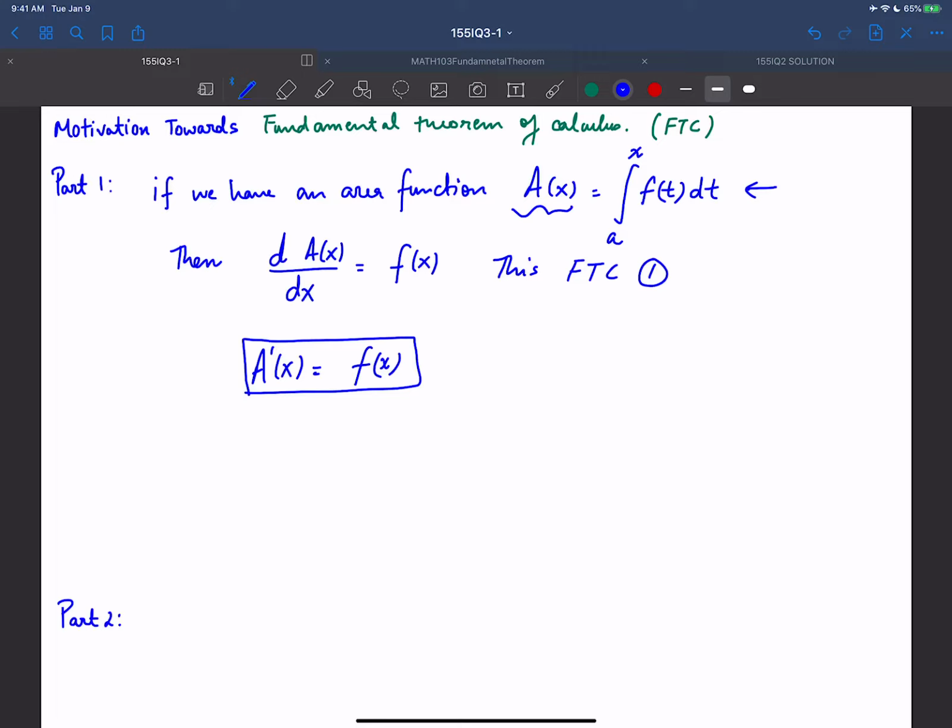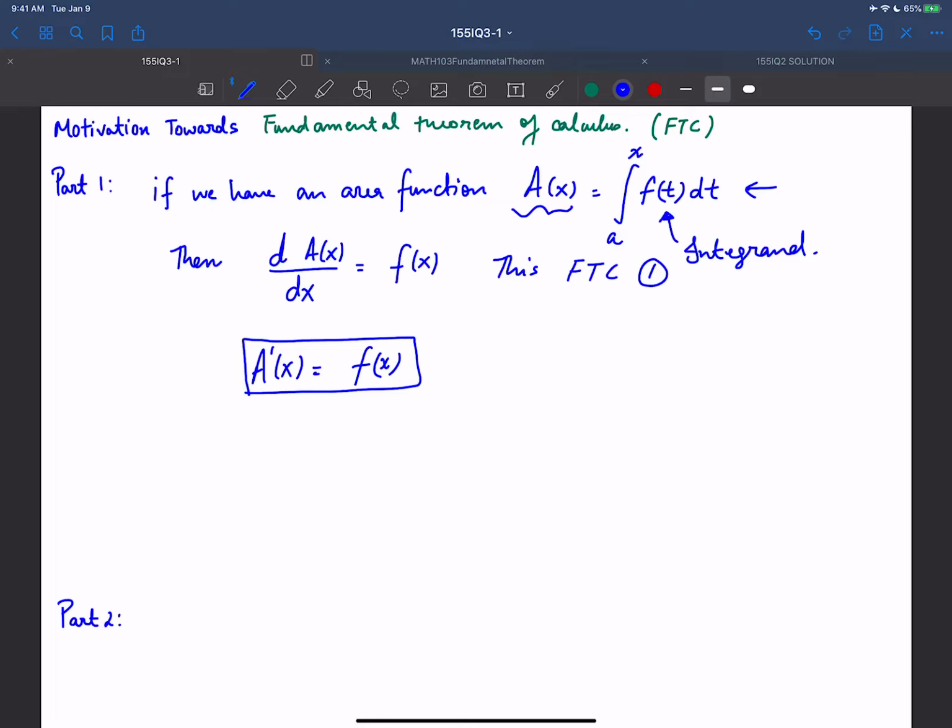So now if you are looking for an area function, you should, in other words, be looking for the antiderivative of the function that you're integrating. Okay, that's fundamental theorem of calculus part 1.